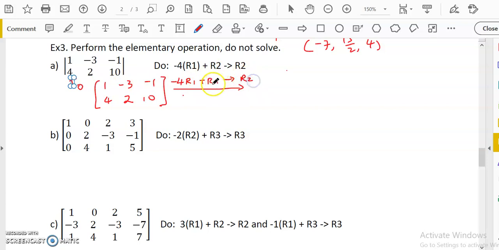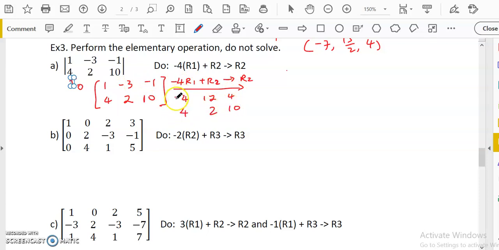Remember, you cannot change R2 to any number if you are going to replace it. The only thing you can do is add a multiple of another row. So I'm going to write the numbers here. R1 multiplied by -4 becomes -4. -3 times -4 is 12, -1 times -4 is 4. And then I'm going to add 4 to 10.